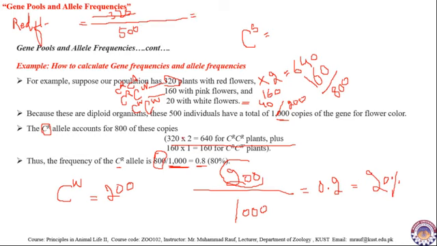Similarly, if you want to calculate the genotype frequency for pink flowers, how many pink flowers are there? 160. Divide it by the total number of genotypes, which is 500.